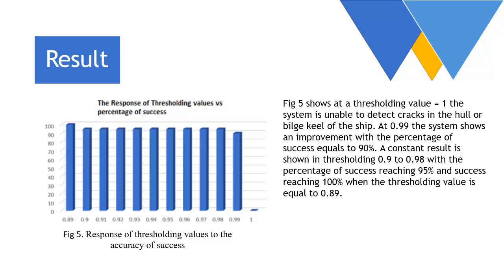A constant result is shown at thresholding 0.9 to 0.98, with the percentage of success reaching 95%, and success reaching 100% was reached when the thresholding value is equal to 0.89.